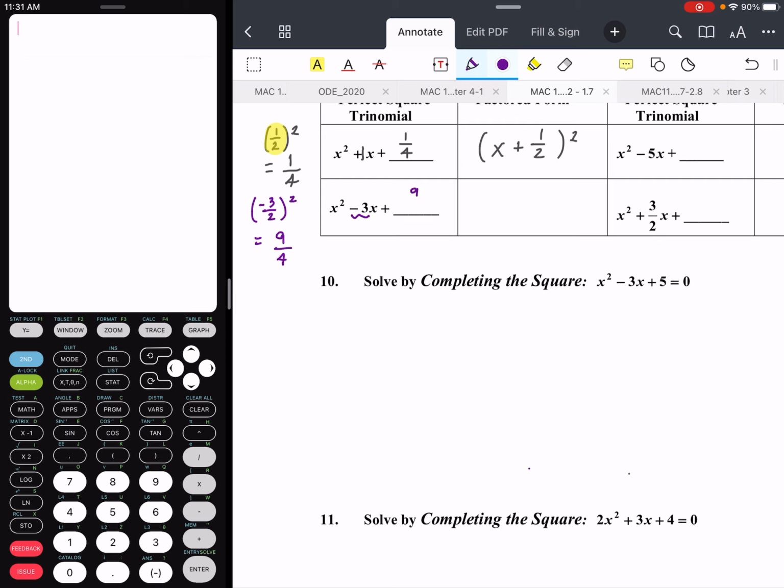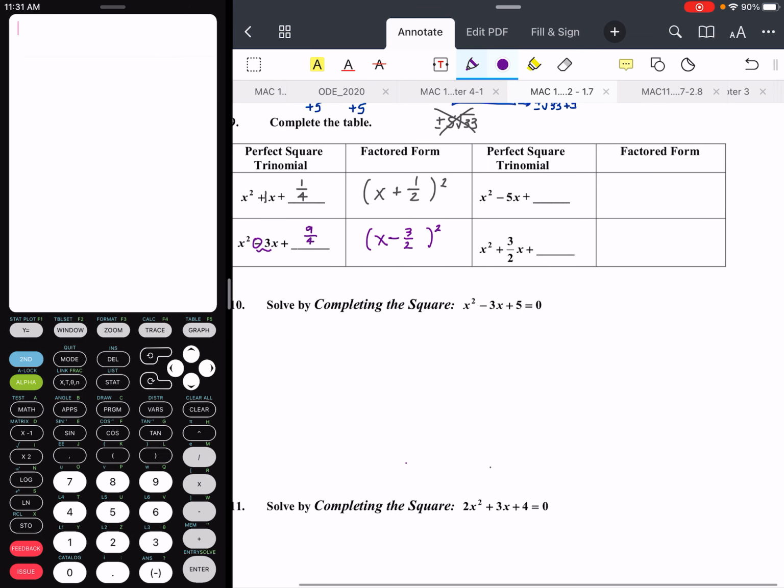So I'm going to add 9/4 here to create a perfect square trinomial. When I go to factor this, I know that I have a minus sign here, so this is going to be x minus something squared. And remember that I can use that little cheat. Negative 3 divided by 2, my result after I divide b by 2, is always going to be what appears inside my parentheses. So negative 3/2, x minus 3/2 squared.